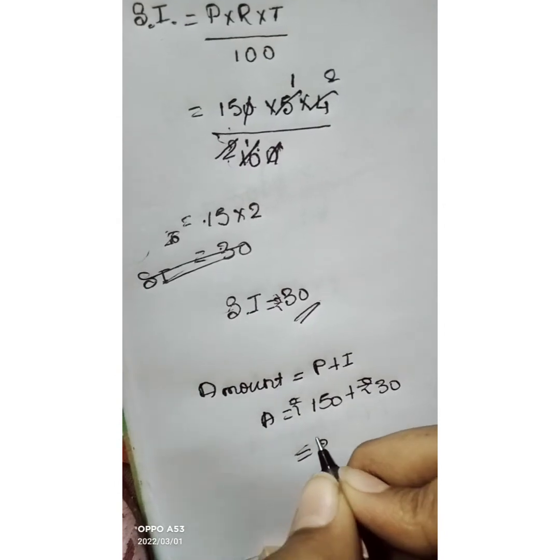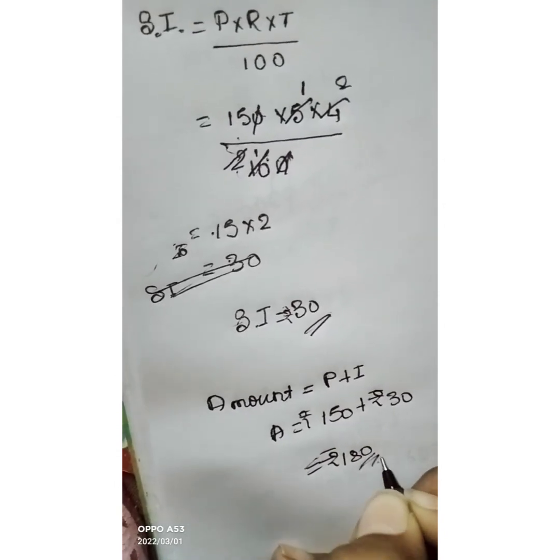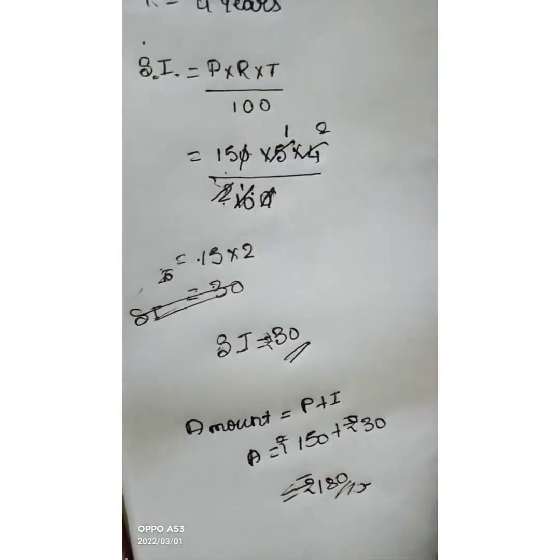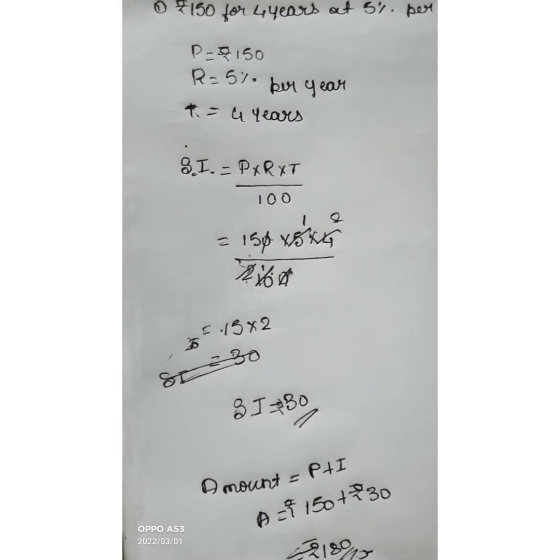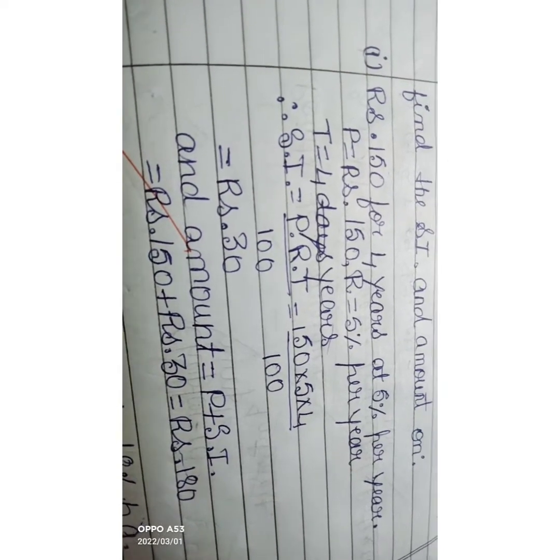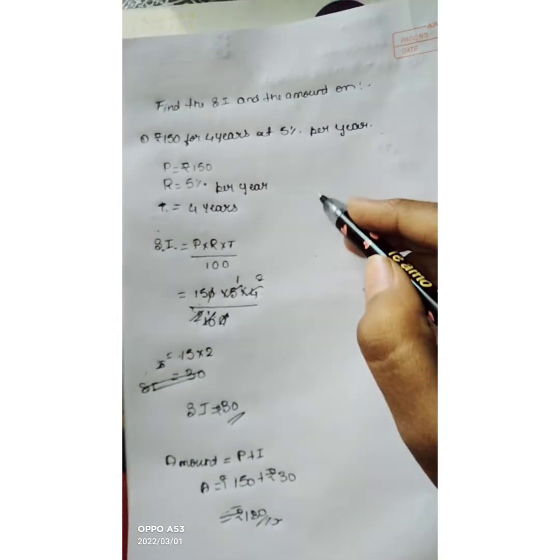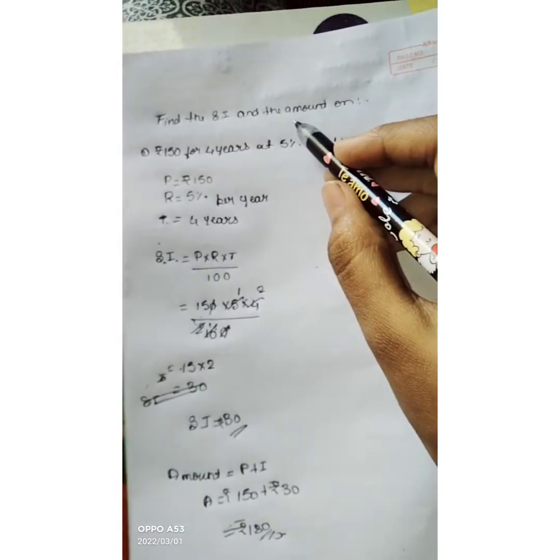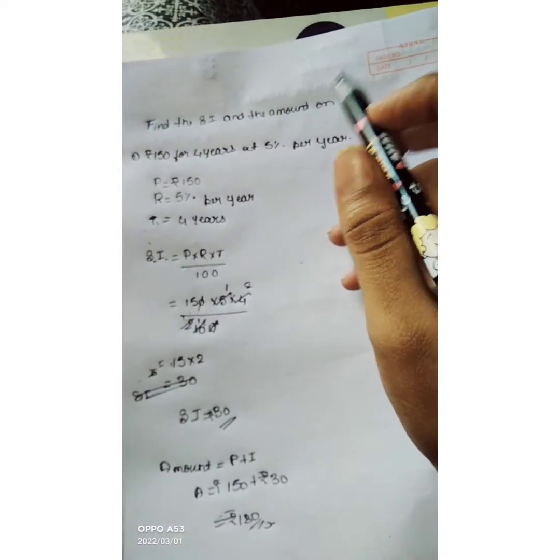Rupees 180. So the answer is 180. It's correct. Shall we see in the notes? Yes, it's correct. So did you understand how to find the simple interest and the amount in this question, or do you have any question?